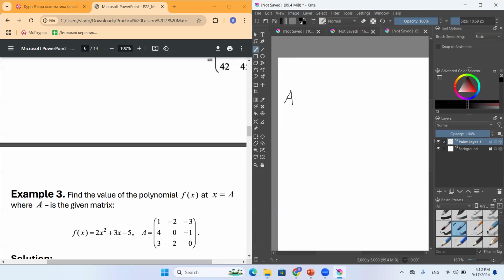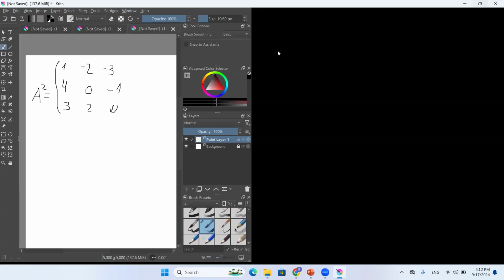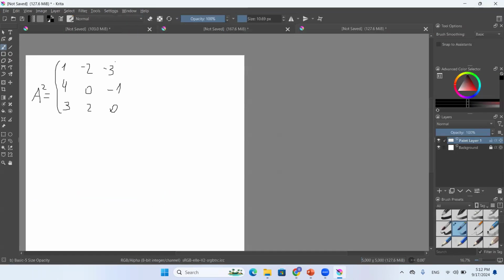So A squared. Okay, actually, when you multiply matrices, it's a good idea to write everything in detail.